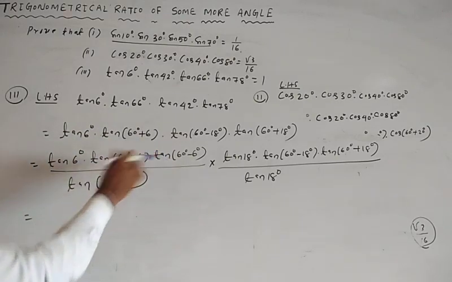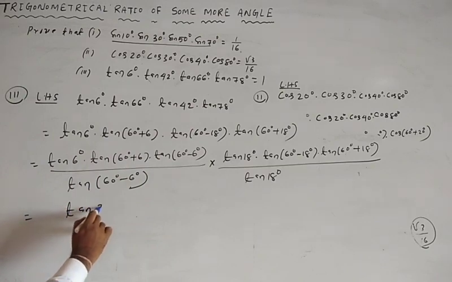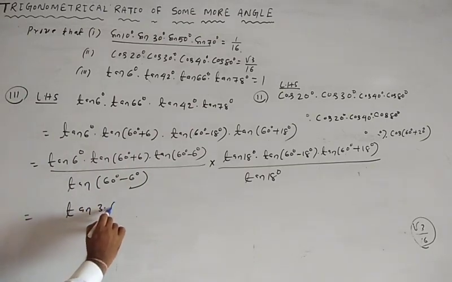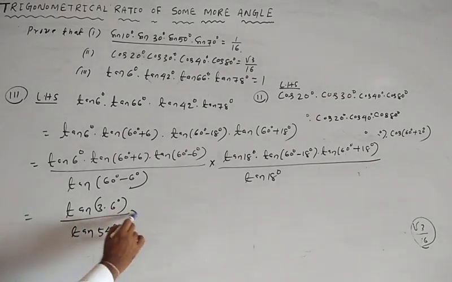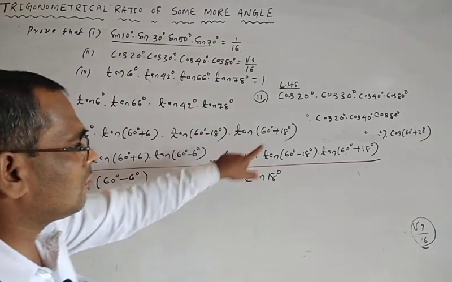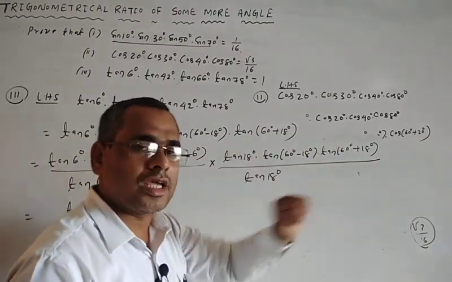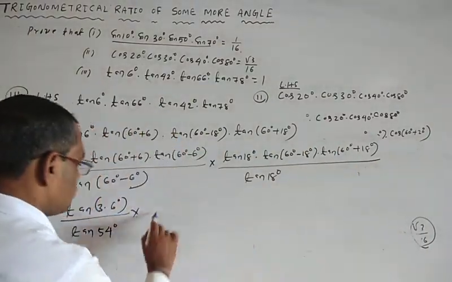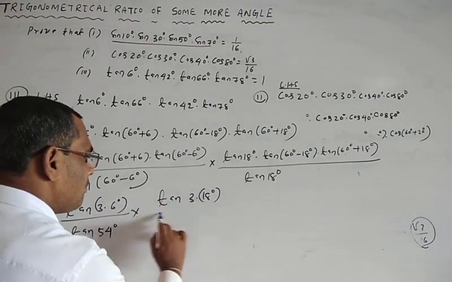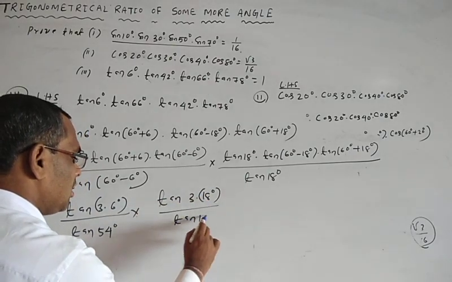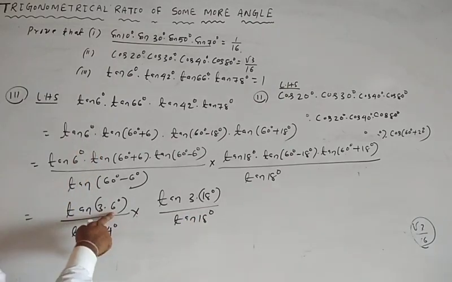So this is equal to tan a into tan(60 minus a) into tan(60 plus a), which is tan 3a. So tan 3a, a means 6, gives tan 18 by tan 54, into here also tan a into tan(60 minus a) into tan(60 plus a), which is tan 3a, and 3a means 54 degree, by tan 18 degree.